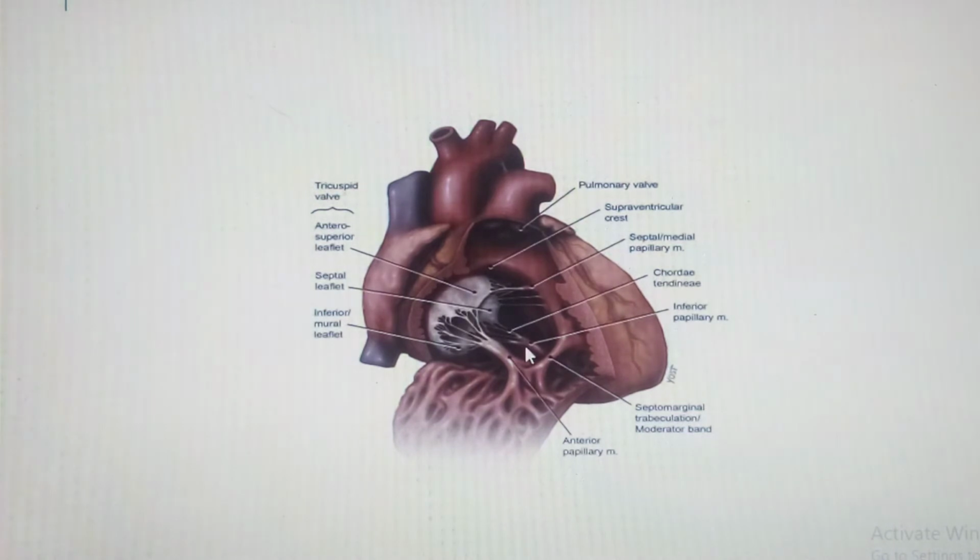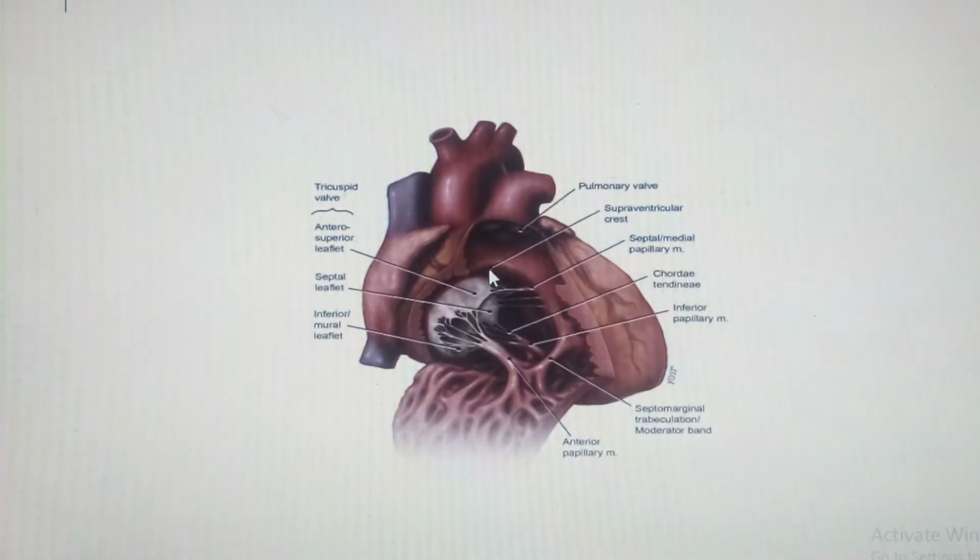The inflow part and the outflow part will be separated by a crest, which is over here. This crest is known as the supraventricular crest. So the outflow part and the inflow part are separated by what we call the supraventricular crest.